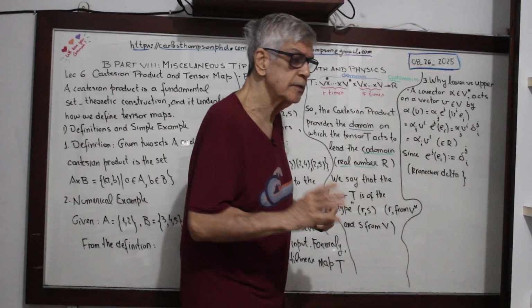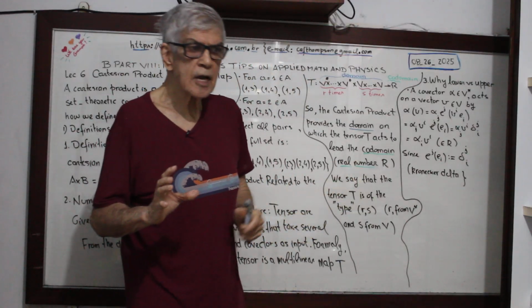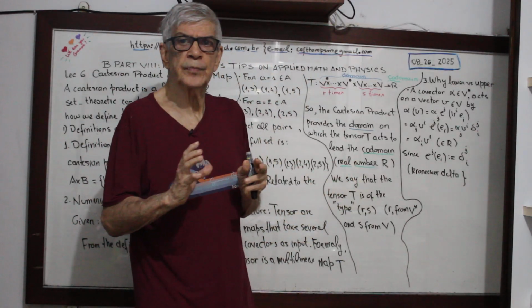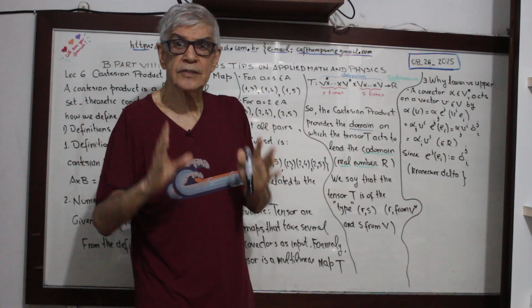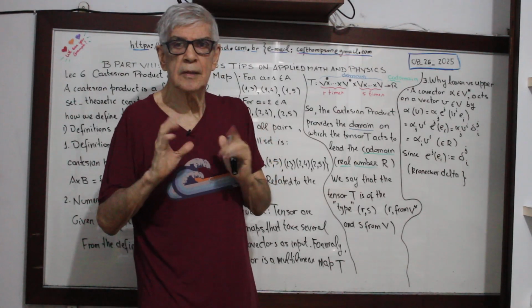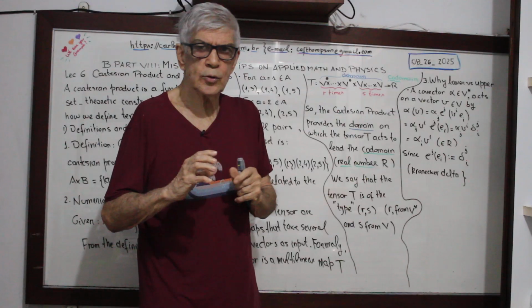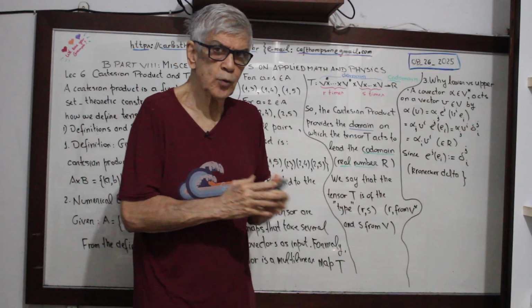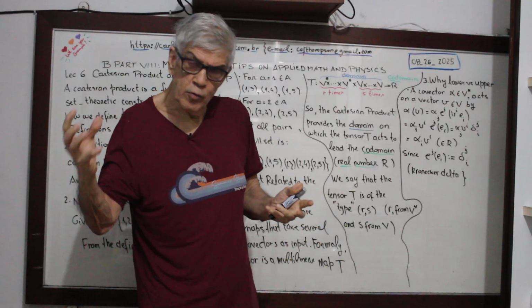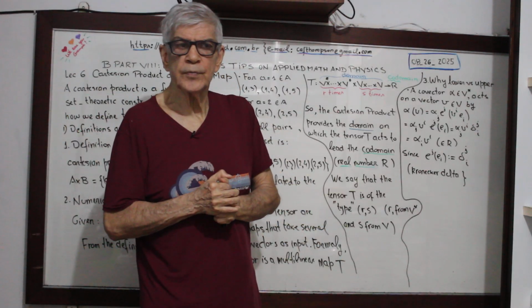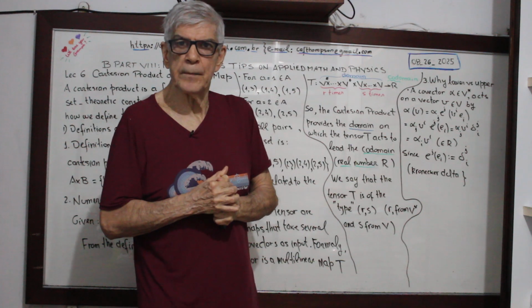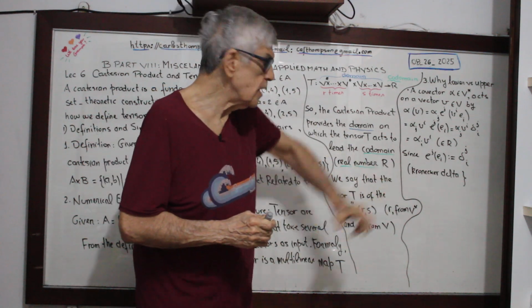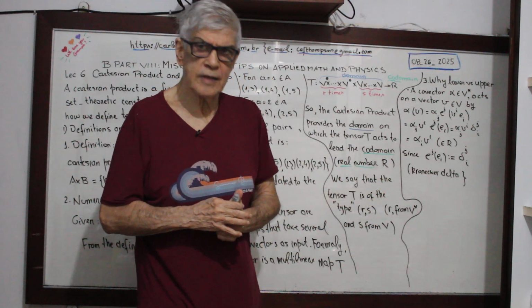Now it's an important issue here, just for you to understand that a tensor is a map, okay? And then we use the Cartesian product properties just to move to the definition of a tensor, which is a map. That's it. I'll give you next some numerical examples.